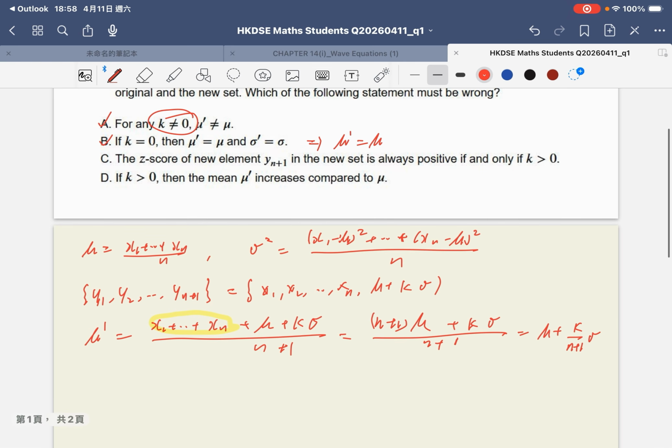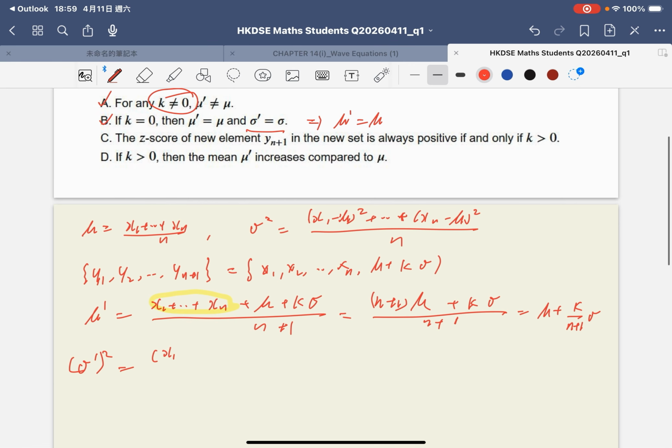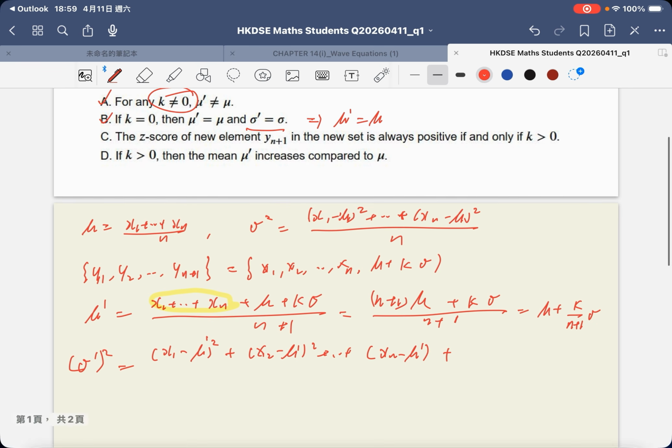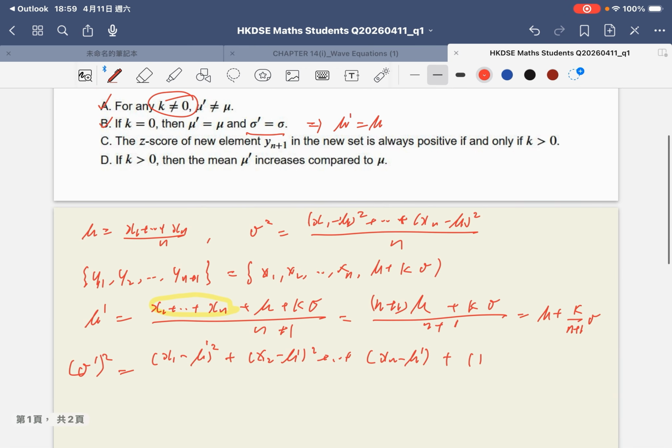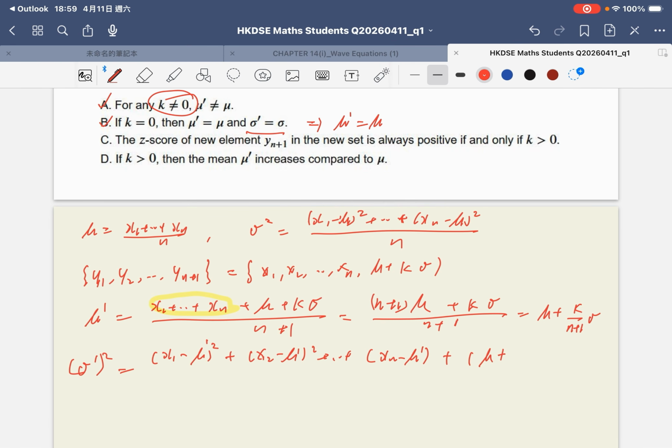Next, I try to calculate sigma pi. Sigma pi square is equal to (x1 minus mu pi) square, and so on, because k equals 0, and finally (xn minus mu pi) square, and plus the last element, which is mu plus k sigma minus mu pi, squared, over n plus 1.